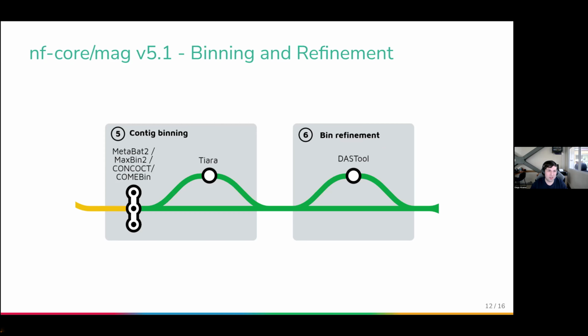And this basically takes the output of each of the binners we run and tries to combine them, make corrections, and combine them to produce supposedly higher quality bins. The binning process is not perfect, obviously. So this tool tries to compare different strategies and combine them to produce a better output itself.